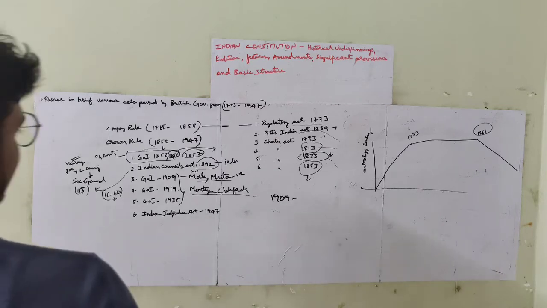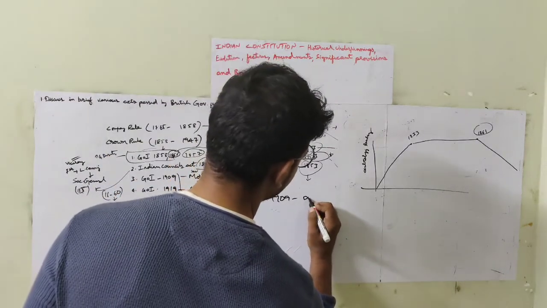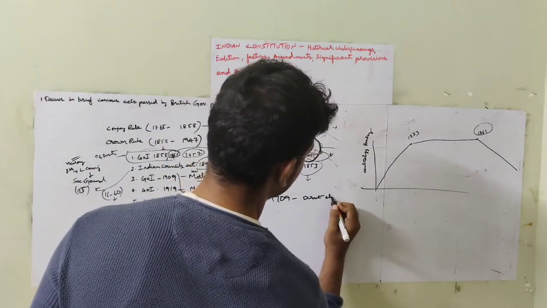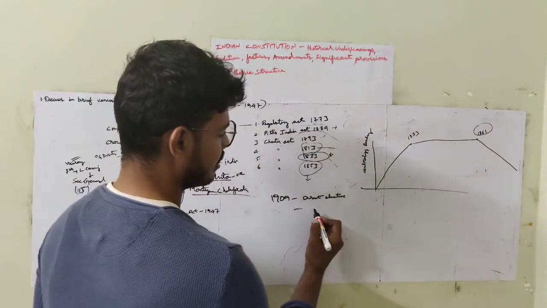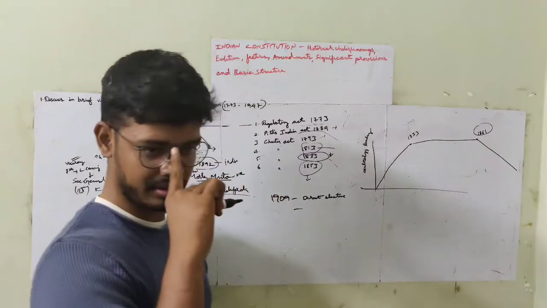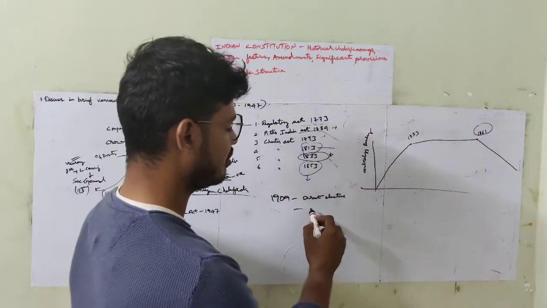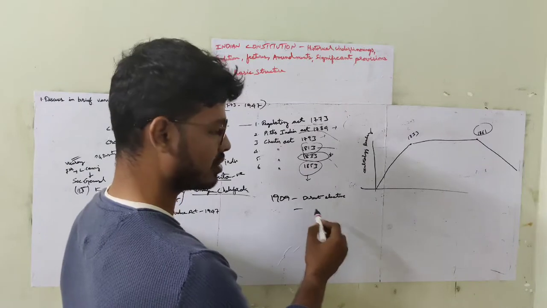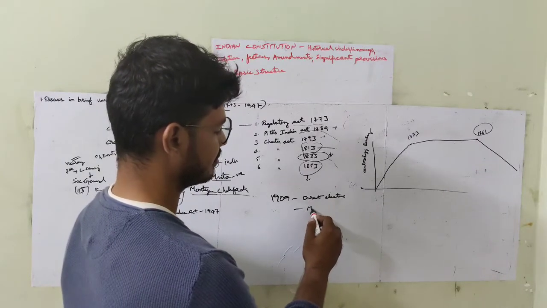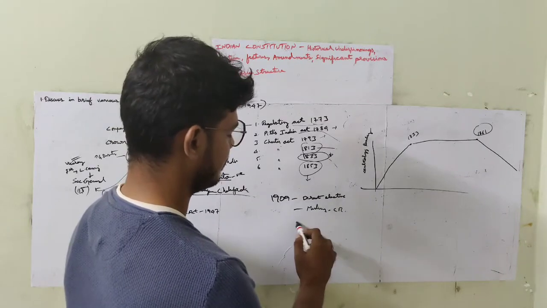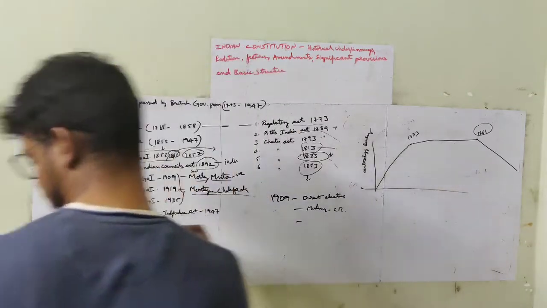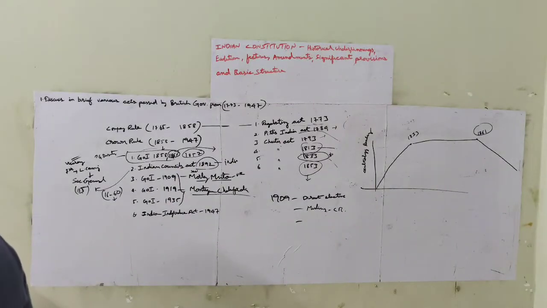So this act introduced direct elections for the first time. Okay, direct elections, and the Muslims were represented separately. I mean, communal representation for Muslims started here. Indians were allowed.